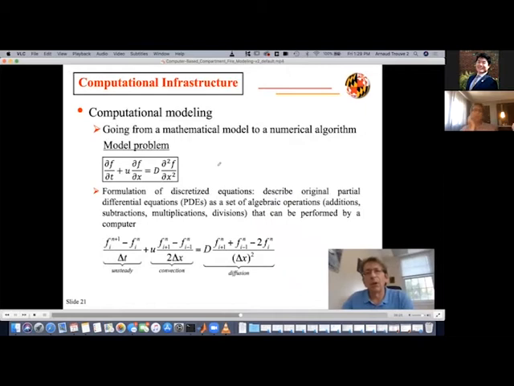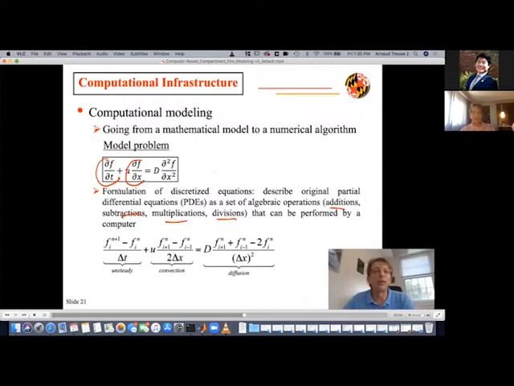The other aspect I want to mention here is that a computer is very powerful in terms of speed, but very limited in terms of math. A computer can do high school math: addition, subtraction, multiplication, and division. But a computer doesn't know what a partial derivative is. The partial derivative of f with respect to time, or with respect to space, is unknown to a computer.